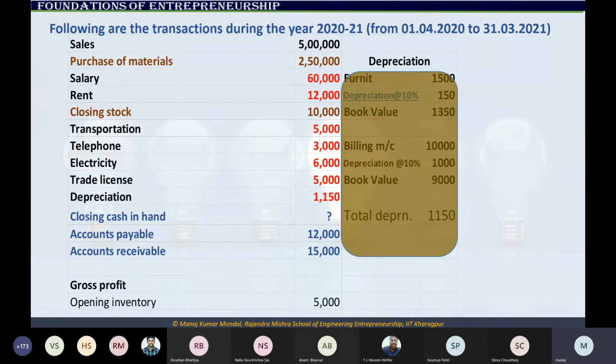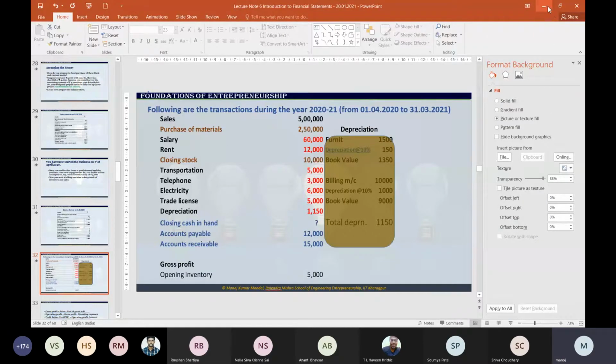They decide what should be the depreciation rate, what should be the treatment of all other entries in the books of accounts. So there is a central or apex body for deciding on accounting systems, and we follow them. So for depreciation, some leverage is given to the companies that while preparing them, if you want to show higher profit to your external stakeholders, then you can show higher profit using this.